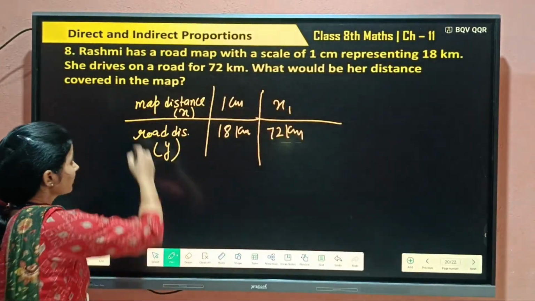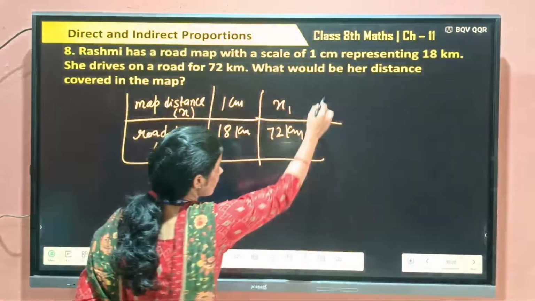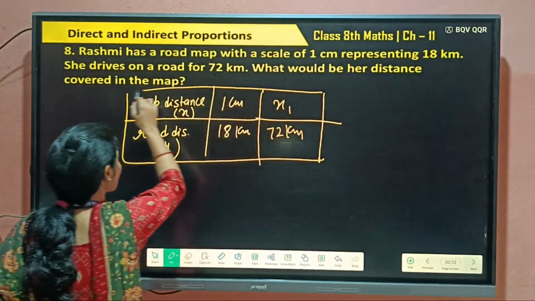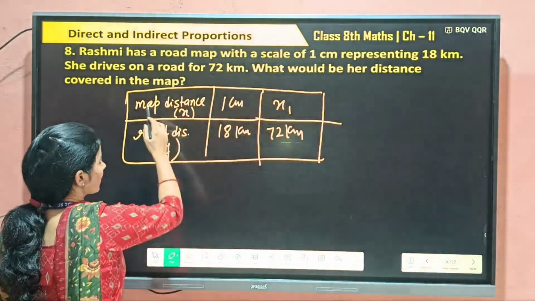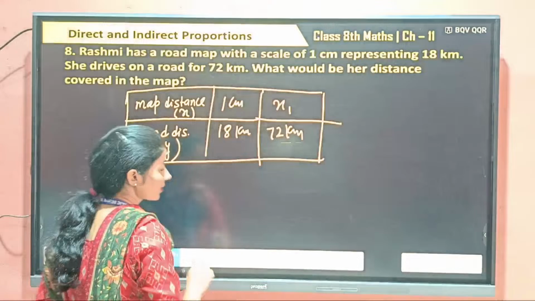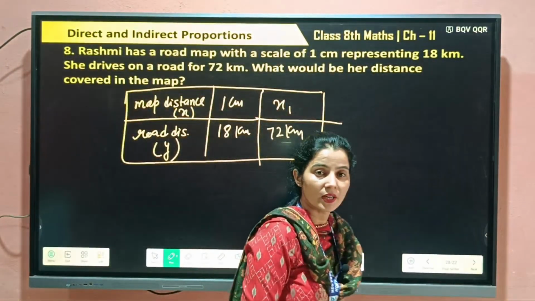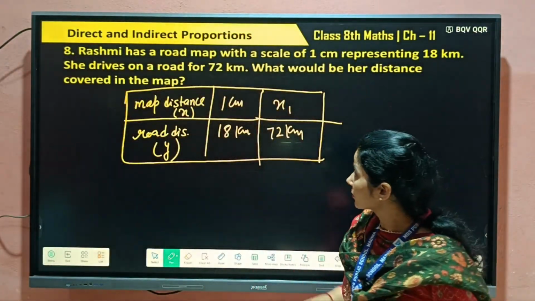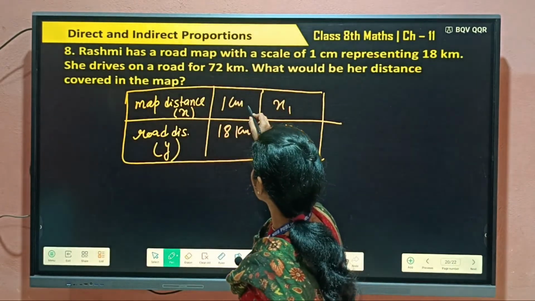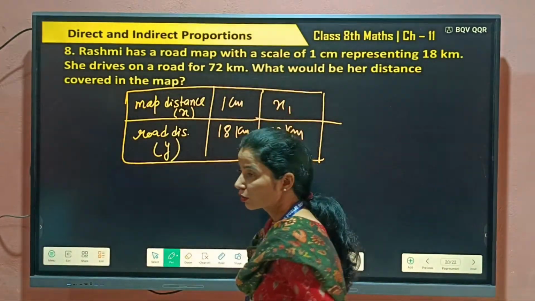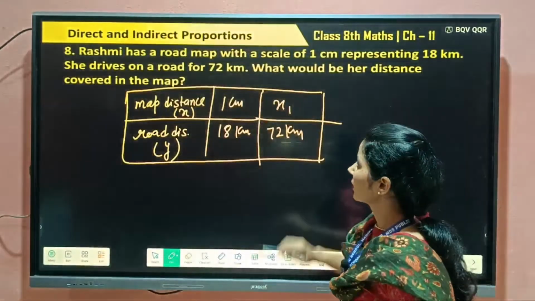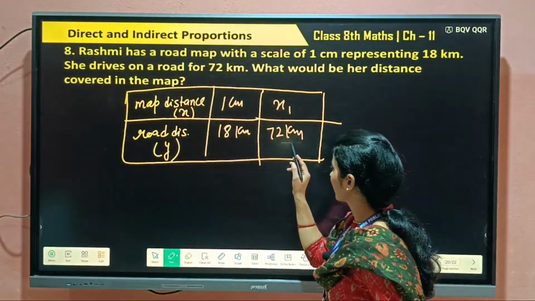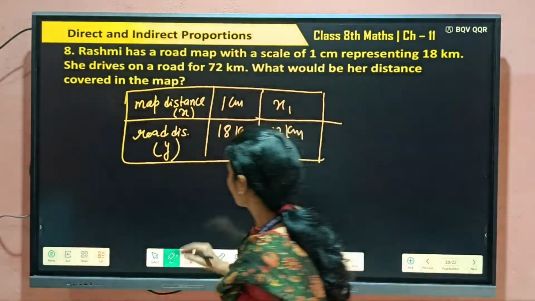Again, see this question. Two types of distances are there: one distance on the map and another distance traveled on the road. Then 1 centimeter on map represents 18 kilometer. How many centimeters on the map will represent 72 kilometer?